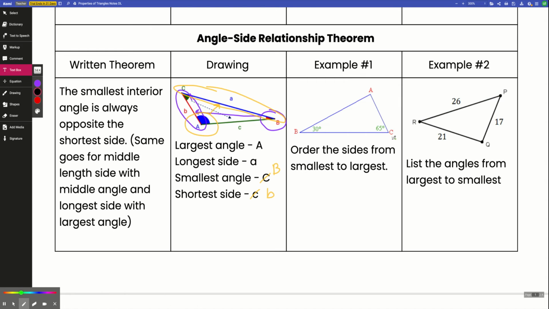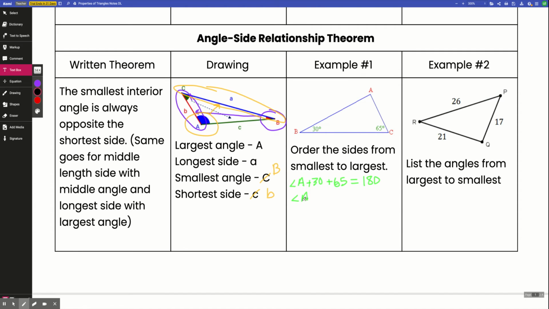These are fairly simple. Most of the time, you're just going to be ordering things, like putting things in order. So here, this says order the sides from smallest to largest. Well, to make sure that I put things in the right order, I need to figure out what this missing angle is. So if you remember from the previous theorem, the triangle sum theorem, I know this angle A, if I add that with angle B, which is 30, and angle C, which is 65, it should give me 180 degrees.